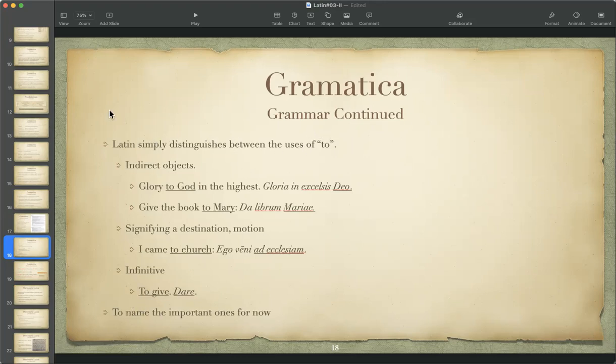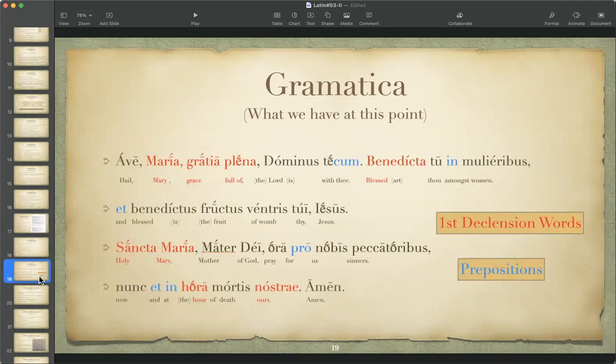Anyway, Latin distinguishes between those, and so you need to get a little more experience with some of the phrases to really get a feel for what those meanings are. And so, what do we have so far? Okay, so we've seen all the a nouns. So those are first declension words: Maria, gratia, plena, benedicta.